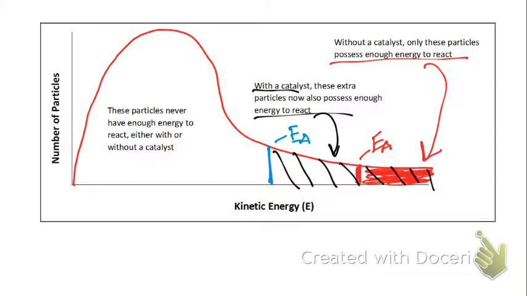All we did when we increased the temperature was increase the number of molecules that had enough energy to overcome that activation barrier. Okay? That's what temperature does. Temperature is not a catalyst. Increasing the temperature does not increase the rate of reaction the way a catalyst does.